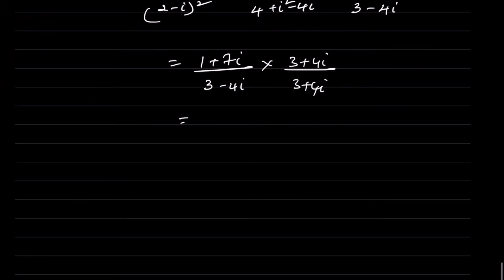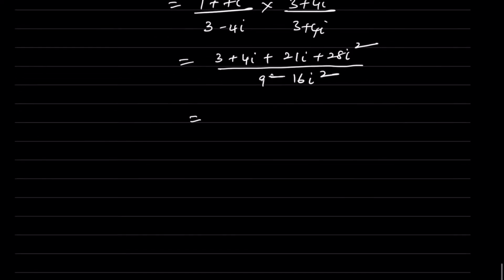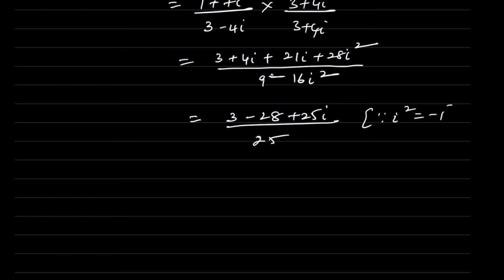So rationalizing the denominator, we get 3 plus 4i plus 21i plus 28i square divided by (a plus b) into (a minus b), which is 3 square, 9 minus 16i square. So we are going to get 3 minus 28, because 28i square is minus 28, plus 25i divided by 9 plus 16, which is equal to 25, since i square is equal to minus 1.